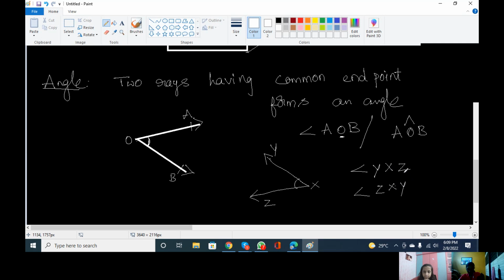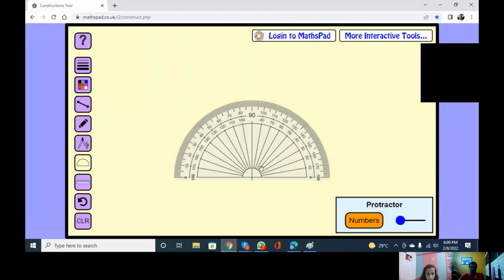How to measure this angle? We can measure this angle by using a special instrument called a protractor. This angle is measured in degrees.